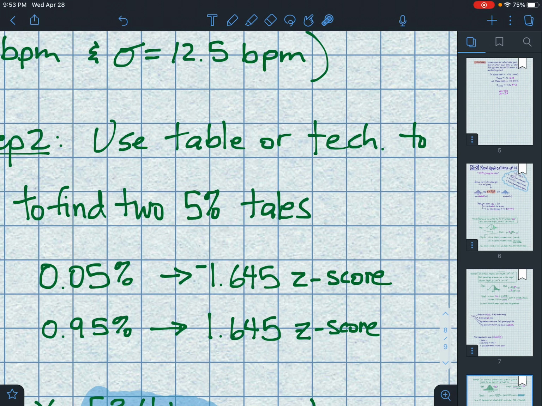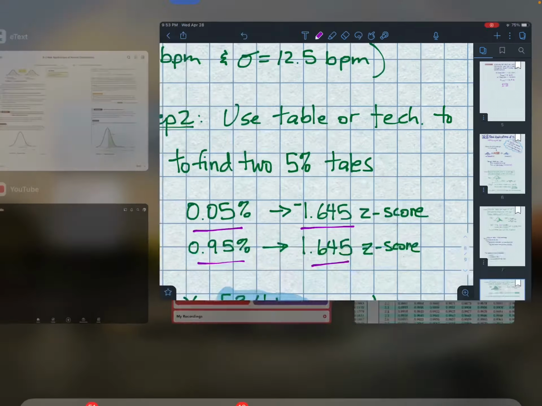First of all, we've got to find the 5% in the table. Well, we've got to find the two tails too, I guess. So I'm going to take 0.05 and 0.95, and then these are my corresponding z-scores. Okay, and that is from the table or technology.